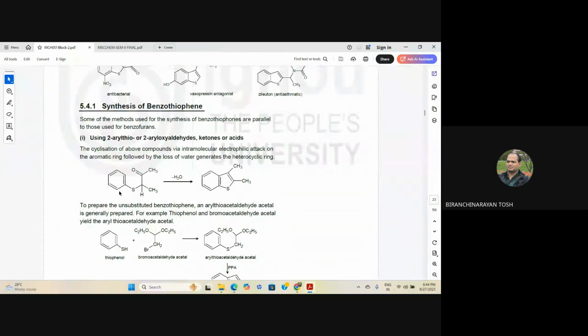Cyclization of the above compound via intramolecular electrophilic attack on the aromatic ring, followed by loss of water, generates the heterocyclic ring.